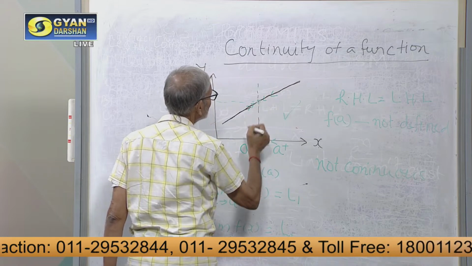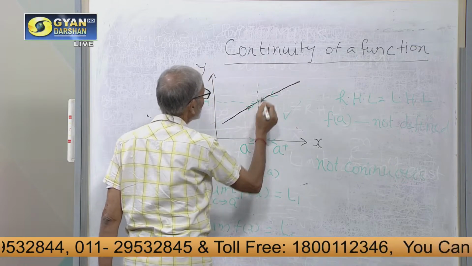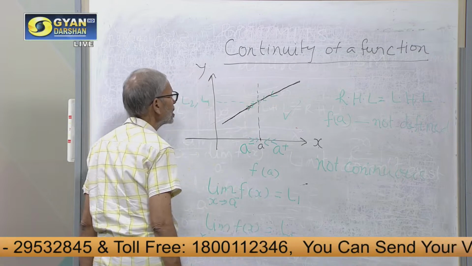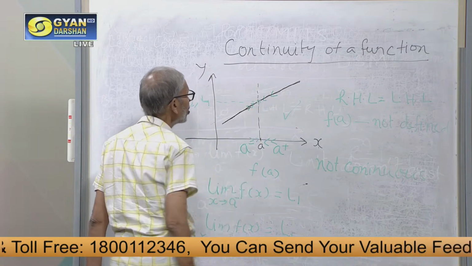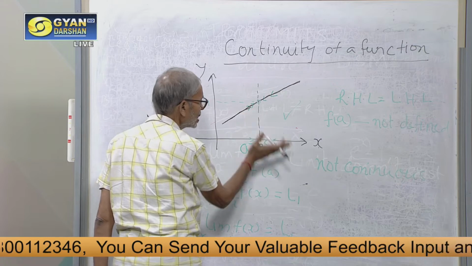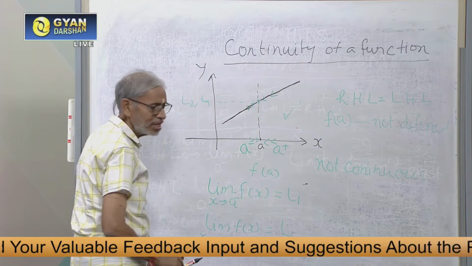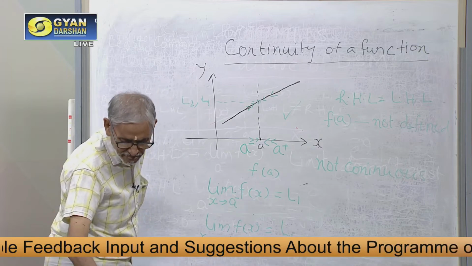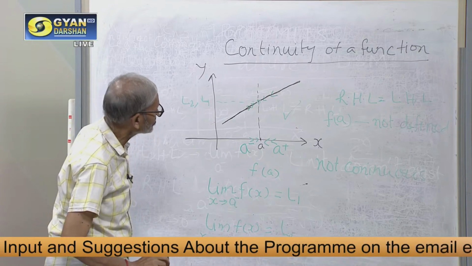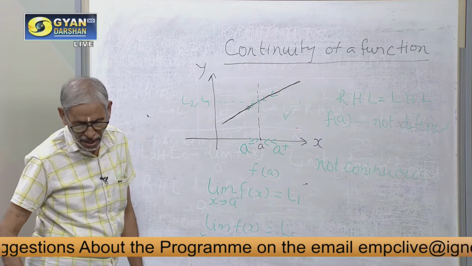But here this point is not defined. So, here you have to pick your pencil up. So, this is not continuous although the limit exists. So, this is the simple definition of continuity.